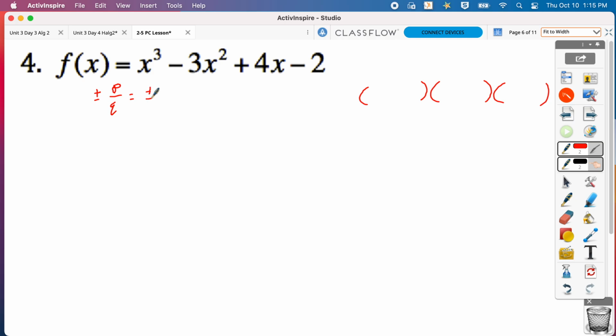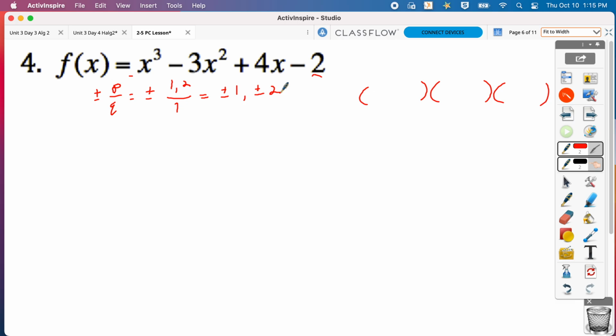So plus or minus the factors of 2 over the factors of 1. So my possible answers are plus or minus 1, plus or minus 2. So p over q gives me a list of my possible good answers.